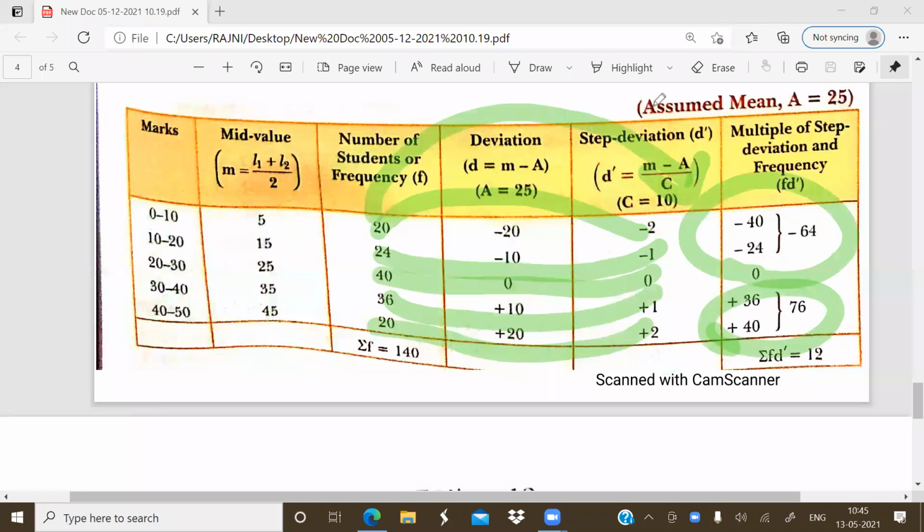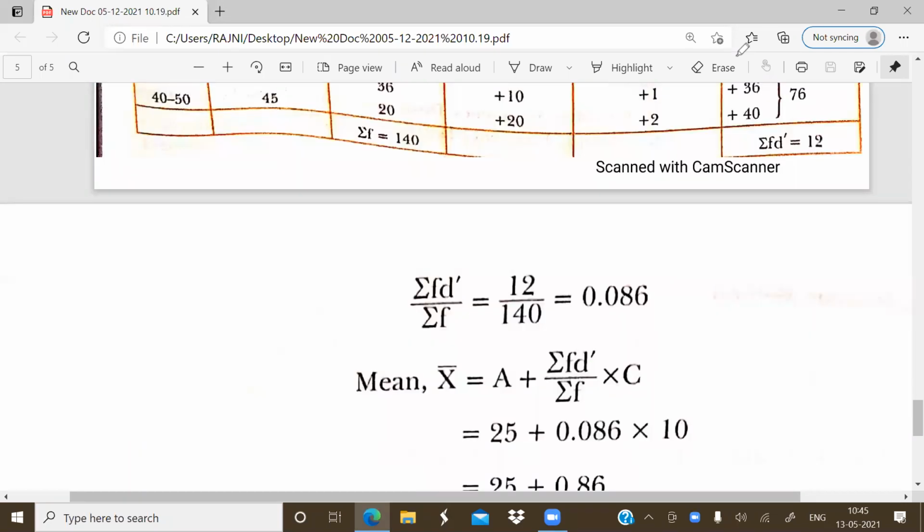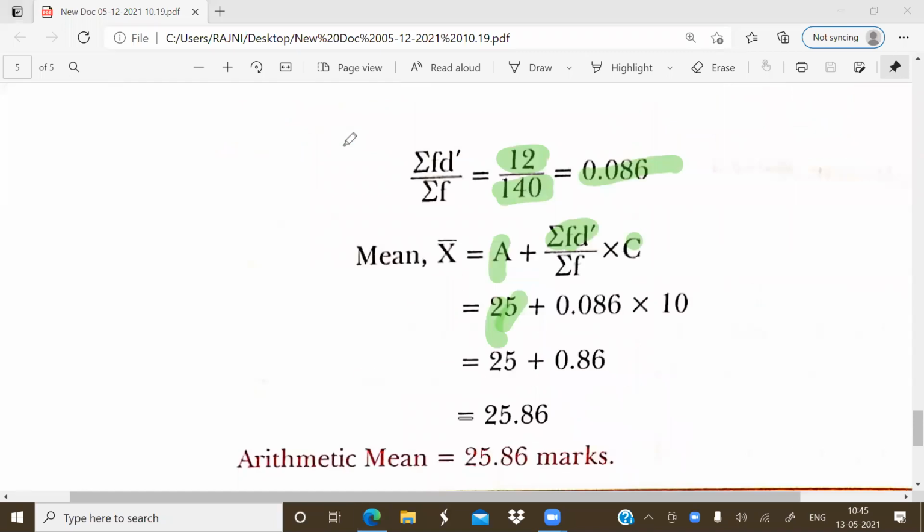Now put the values in the formula. Mean is equal to assumed mean, which was 25, plus sum of fd dash, which was 12, divided by sum of f, which is 140, into C, which was 10. So 25.86 is equal to 25.86. This is the arithmetic mean.